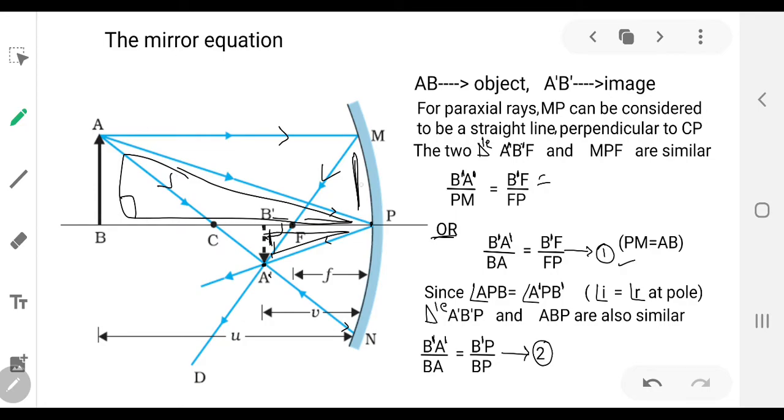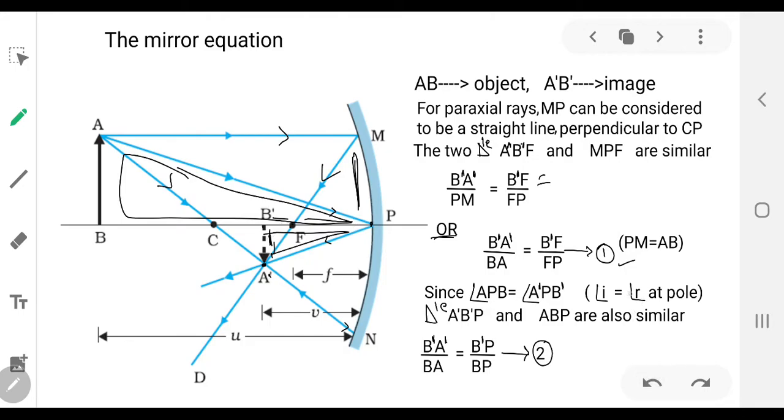APB is equal to i, and A'PB' is equal to r. Now from the laws of reflection, i is equal to r. So in both triangles, this angle and this angle are the same. So in both triangles we have two angles the same, so we can take these two triangles as similar.